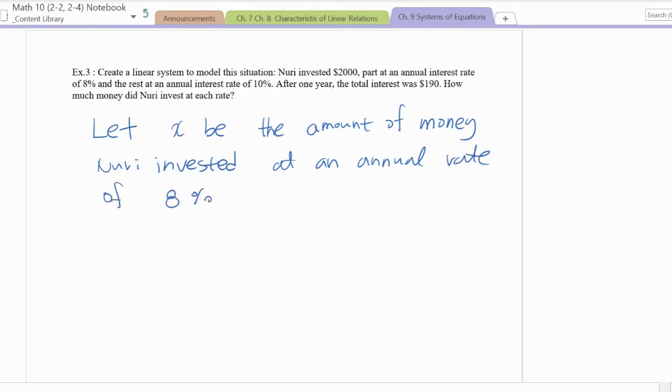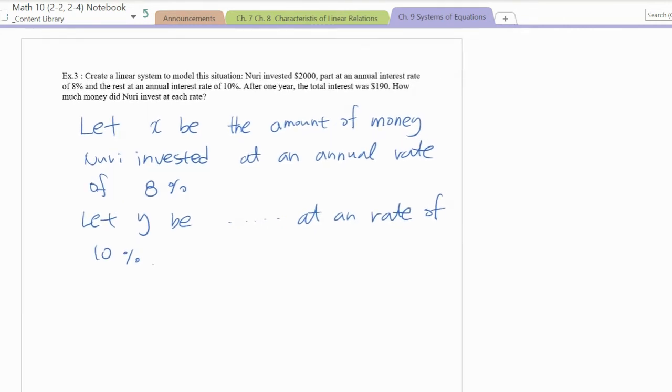So this is x. And we're going to define y. Let y be the amount of money Nuri invested at an annual rate of 10%. Okay?